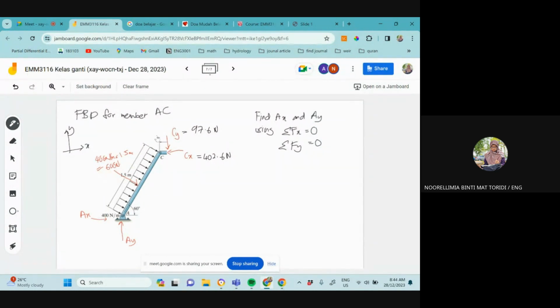So what we have to do, kena break dulu 600 Newton ni into dia punya component. This one will be X, and this one will be the Y. This one is Y, and this one is X. Macam nak break tu, how you want to know the angle?